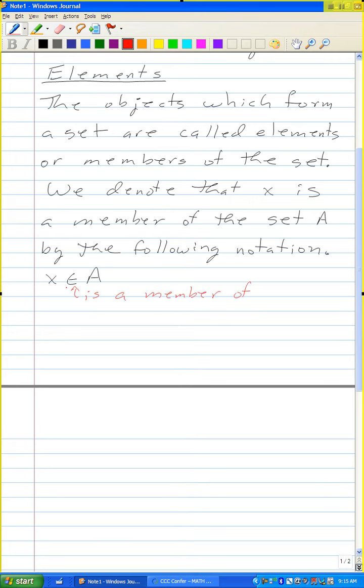That little object here denotes the fact that this is a member of a particular set.